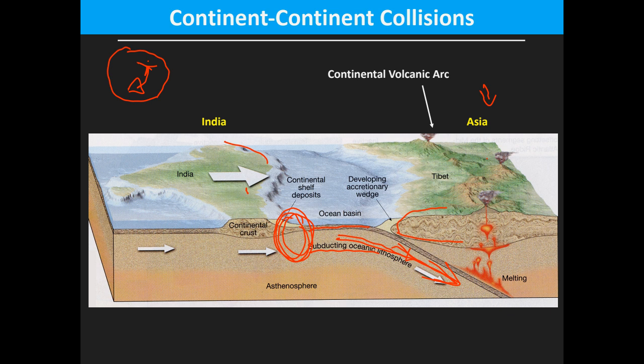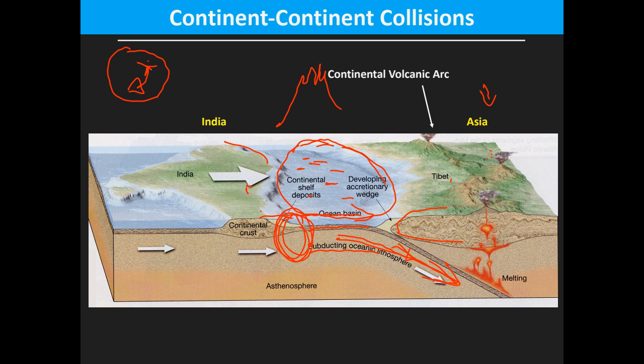As a result, when India collides with China, whatever materials we have here under the ocean will be compressed, and all this here, the dirt, the sediment, they're called sediments, will be squeezed and they will form a mountain. And that's what we have here. We have the mountains.